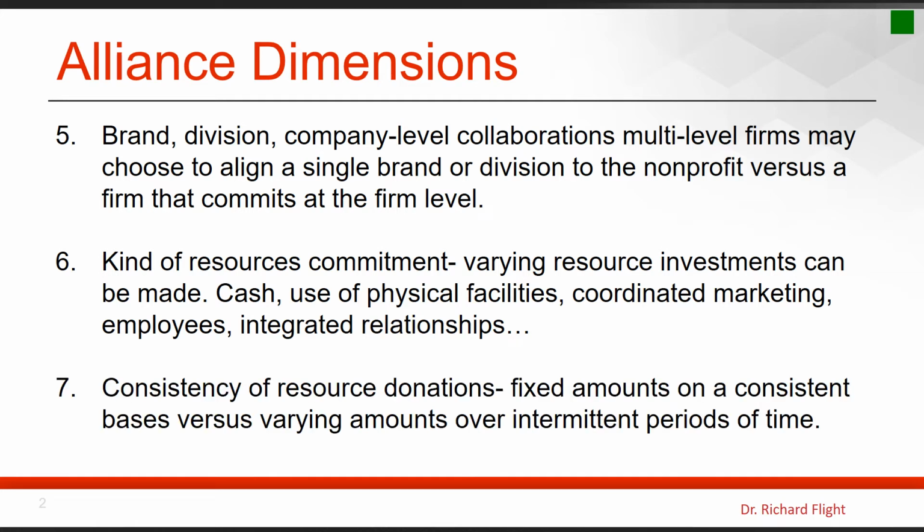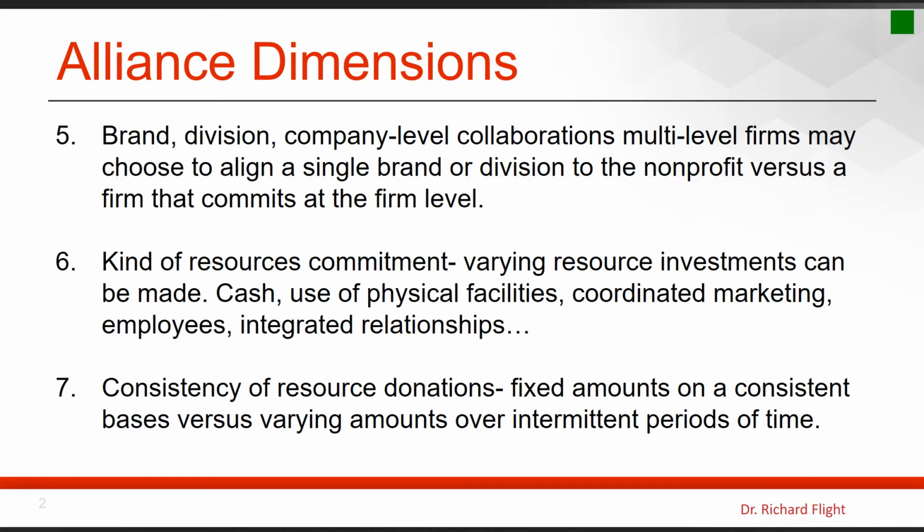And then finally, the consistency or the regularity of resource donations. So if a firm is willing to commit to regular resource deployments for the nonprofit, then that's a consistency type of concept.